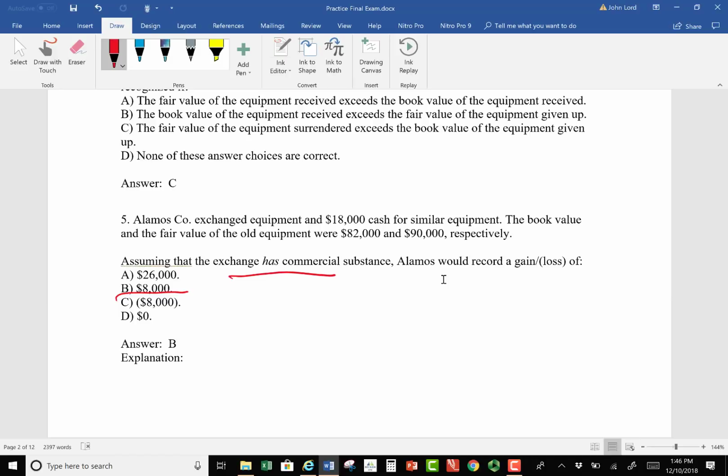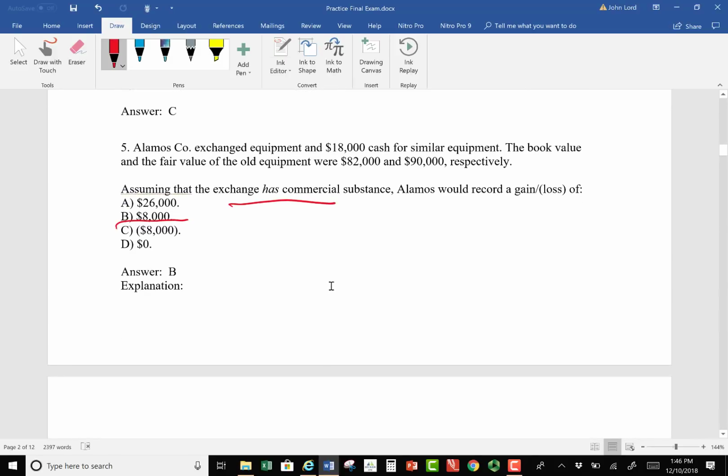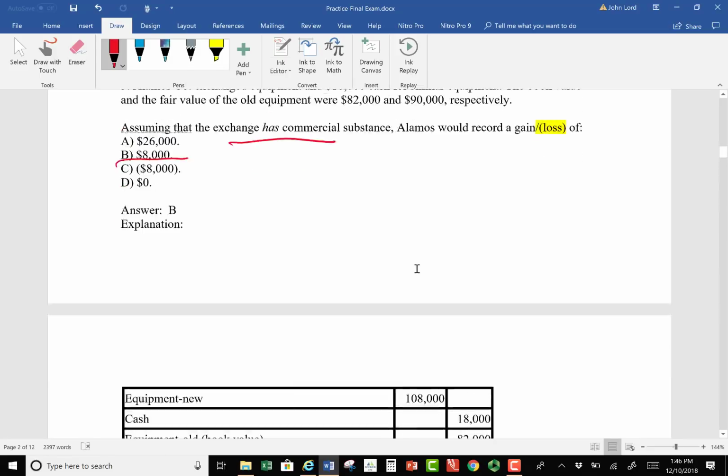Give me a break, okay? But, know that parentheses would be a loss and 8,000 would be a gain. I guess I could change that so that it doesn't do that, but I don't like when they do that. Expect you to know the parentheses here. Okay? I guess they put loss. I guess it's okay because they put loss, and they showed that was in parentheses. So that's not too bad.